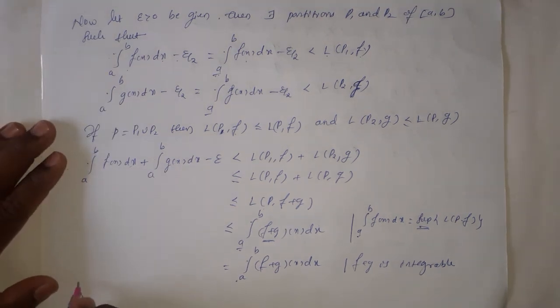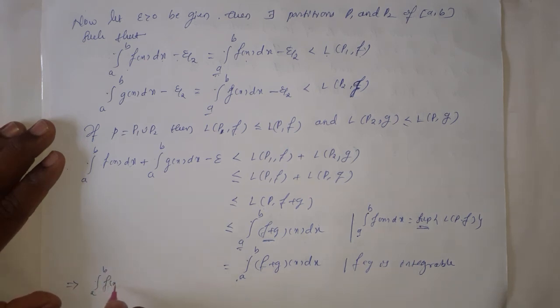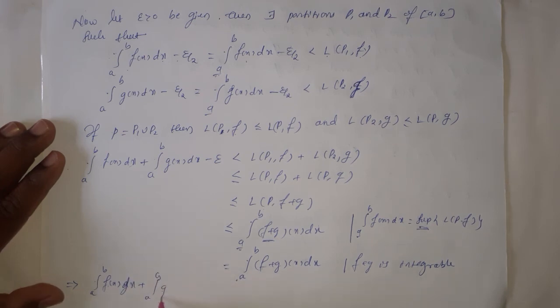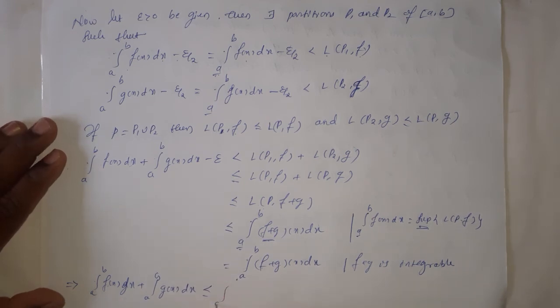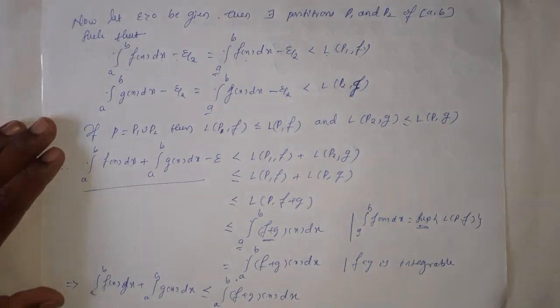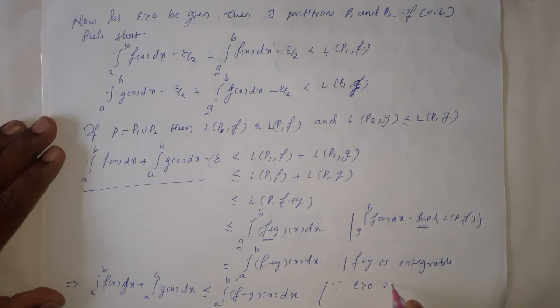So, therefore, it implies that the integration over a to b of f of x dx plus the integration over a to b of g of x dx is less than or equal to the integration over a to b of f plus g of x dx. In this expression we are excluding epsilon, because epsilon greater than 0 is arbitrary.